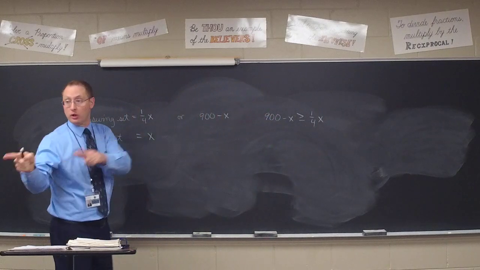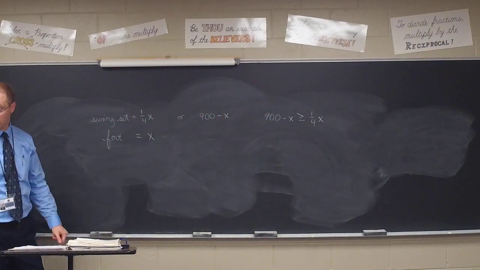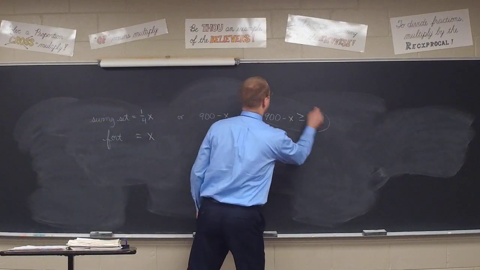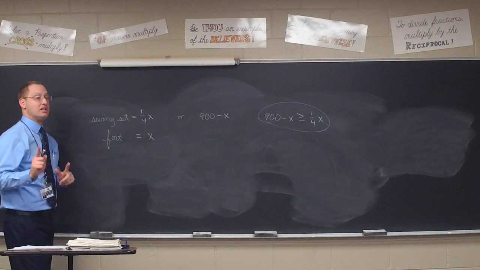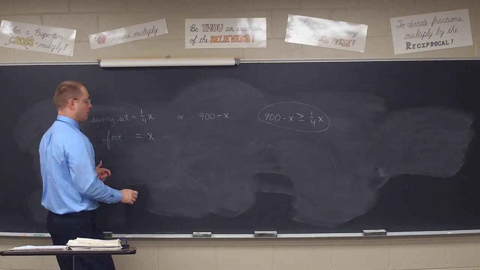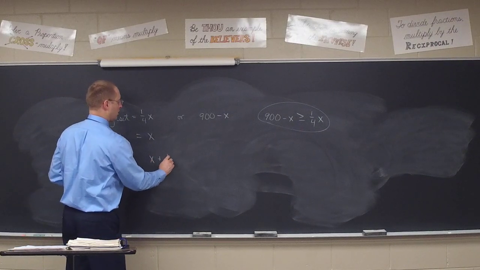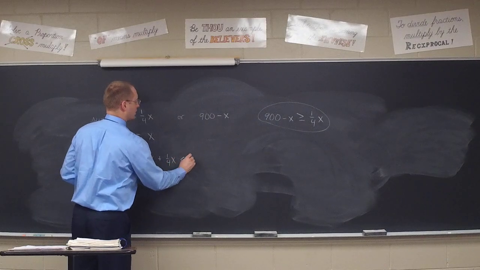And that would be your equation, Curtis. Is that what you had? Okay. Now, Kyla, if we go from your perspective, the swing set's going to cost a fourth of the fort, and the budget is 900. What was your equation? x plus 1/4 x is less than or equal to 900.